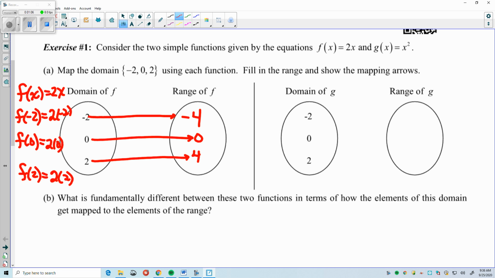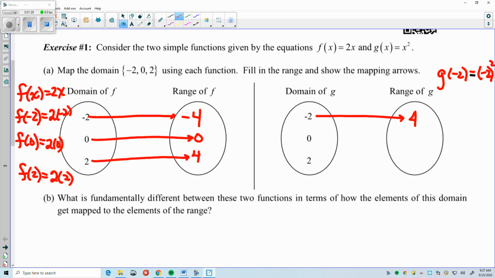Do the same thing over here with g of x. So g of x is x squared. We're going to plug in -2 to begin with. So I have -2 squared. Remember, you're squaring the negative and the 2. So -2 times -2 is +4. So I know -2 goes to +4.